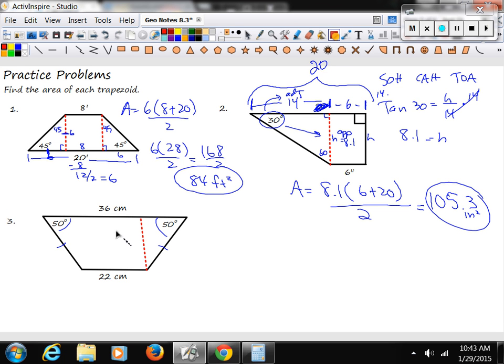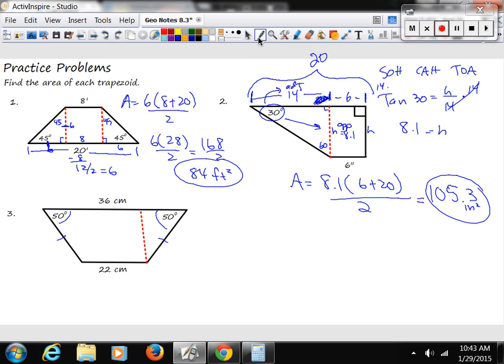I'm going to draw in an altitude. Okay, so I drew in the altitude, and I'm going to put h there.